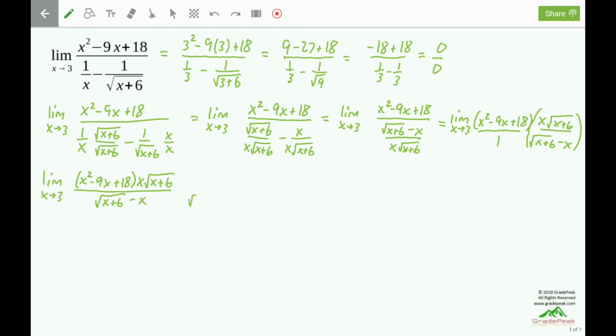We're going to form the root conjugate, which is the same two terms in the root combination, but opposite sign between them. And we're going to multiply the numerator and denominator by this root conjugate. In the numerator, we do not have a root conjugate pair, so we're not going to actually FOIL that out. We're going to keep that factored.